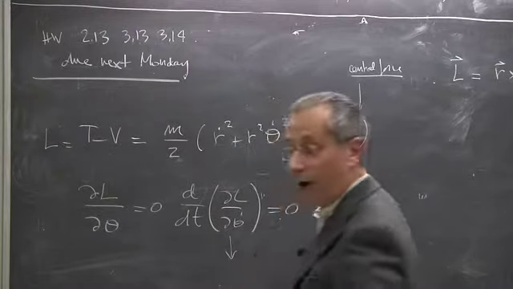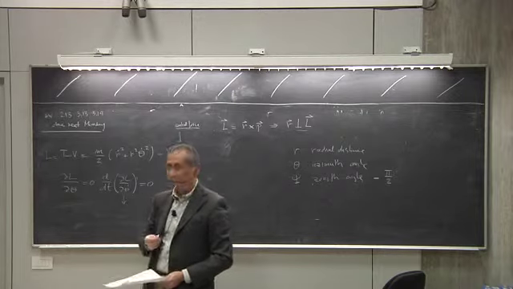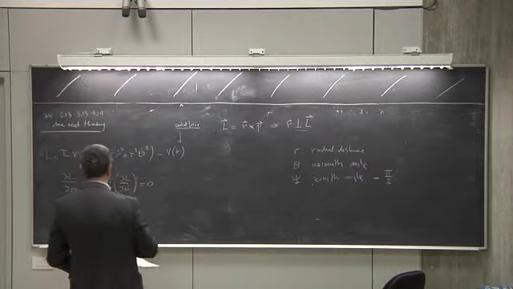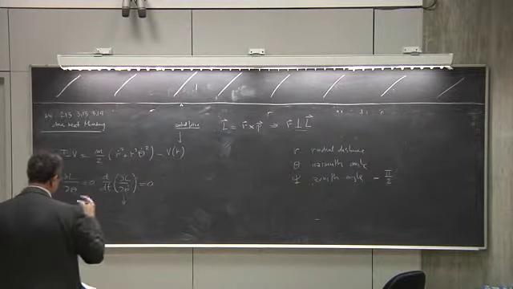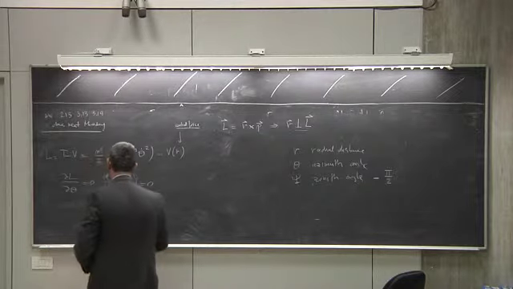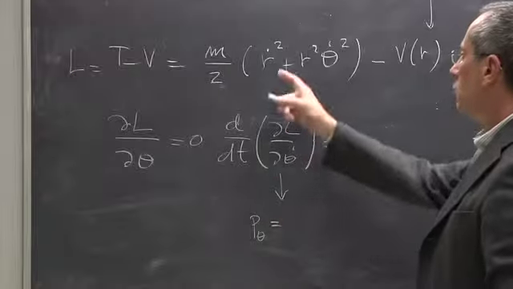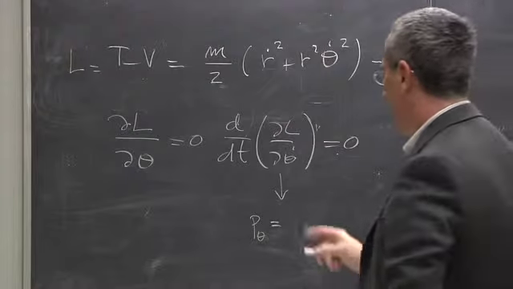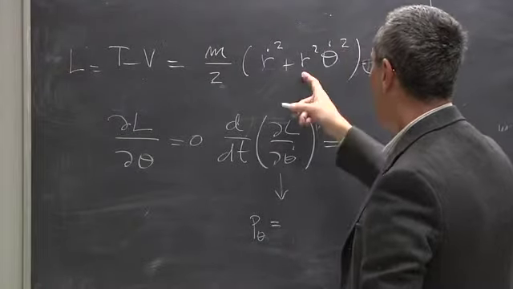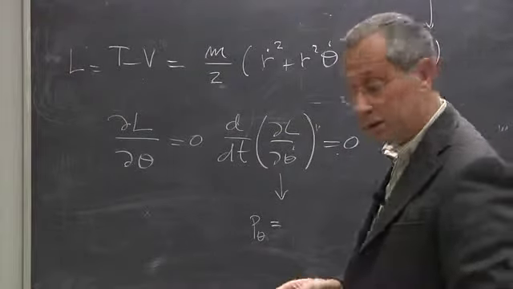Well, we already met this guy in some of the problems we discussed during the problem section or before. So I call this p theta, that is the conjugate momentum to my theta coordinate, and you see that it's just m r square theta dot.